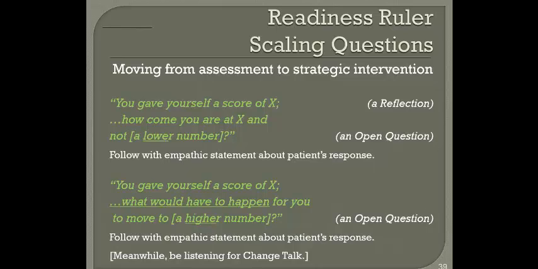This leads the patient to think about what might have gotten in the way, some of the barriers, the conflict, what might make it really hard. All of those statements lead the patient to talking more about sustained talk, or keeping with the status quo of behavior, instead of moving them towards change. So the wording is particular for these questions to continue to evoke change talk.